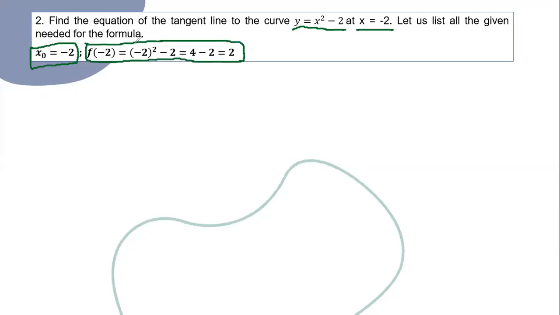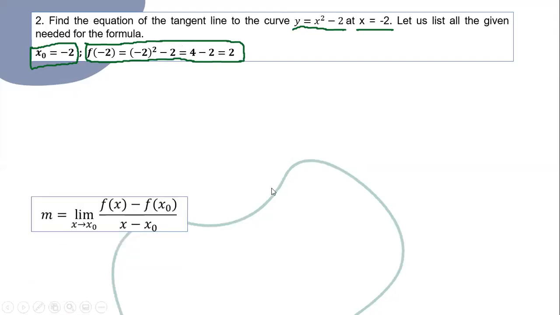So for f of negative 2, substitute negative 2 into our equation. f of negative 2 is equal to negative 2 squared minus 2. Okay, simplify that, we will have 4 minus 2, and that will be equal to 2.